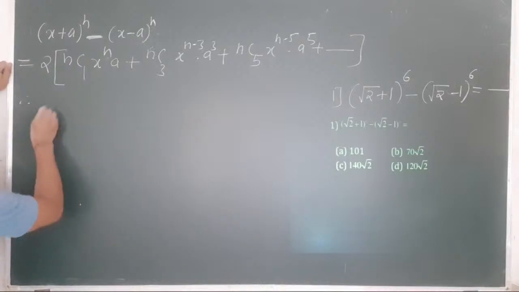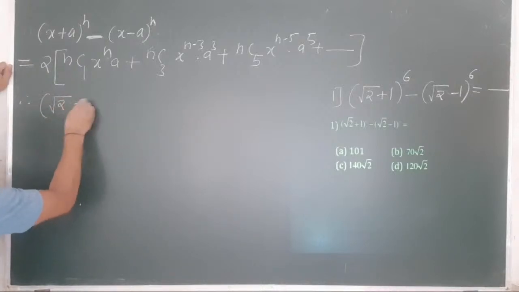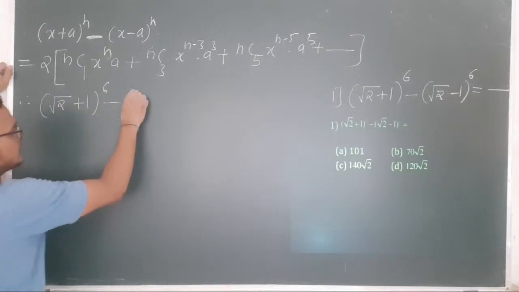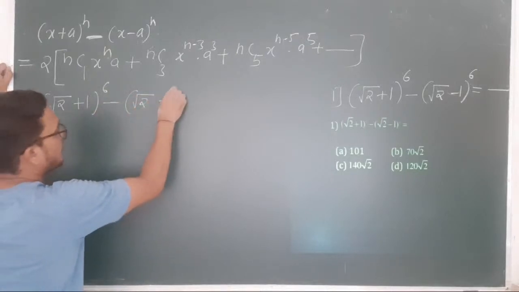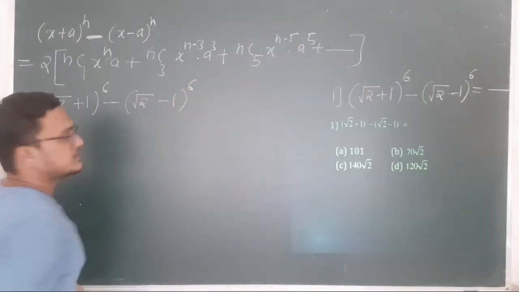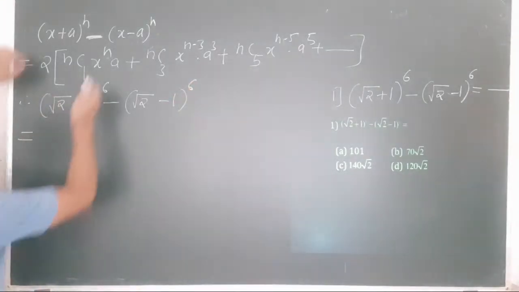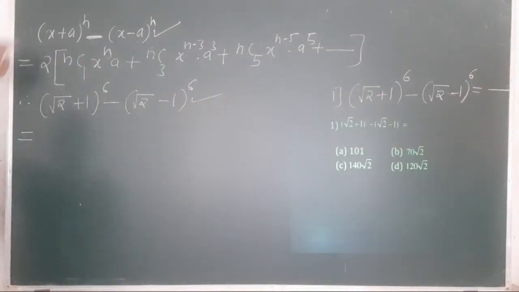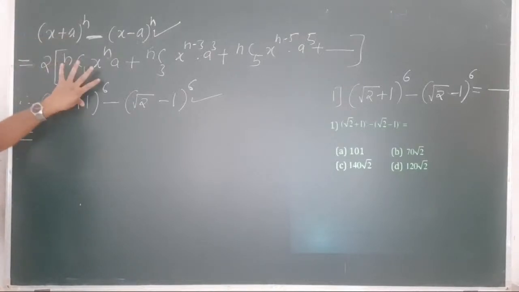What is the problem? Therefore (root 2 plus 1) to the power 6 minus (root 2 minus 1) to the power 6. See, this one and this one are the same. X place is taken by root 2, a place is taken by 1.